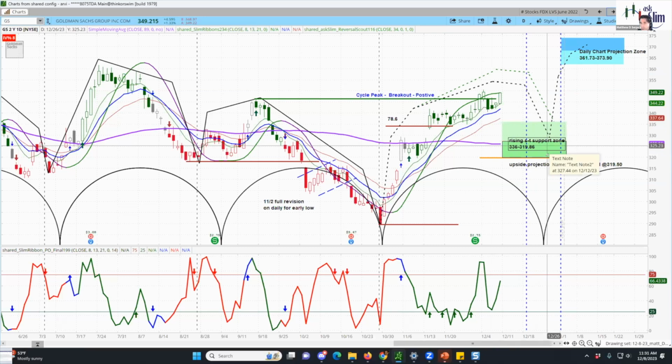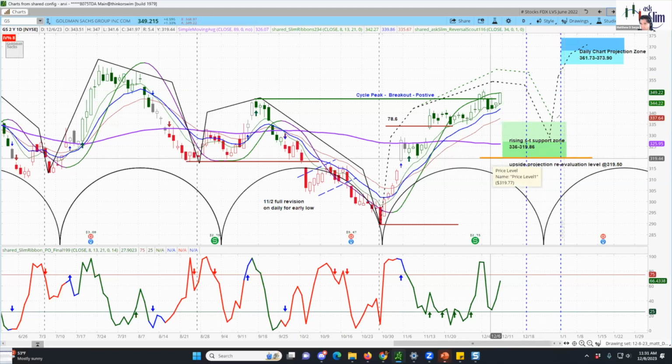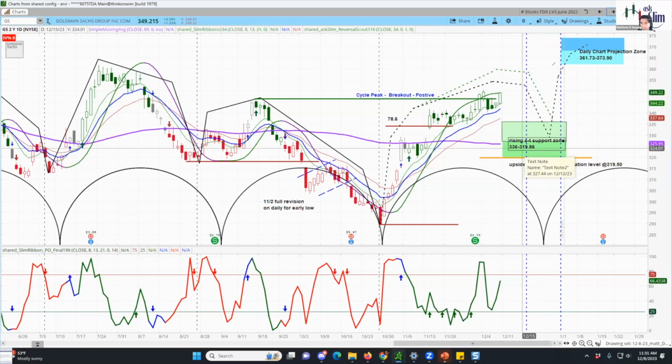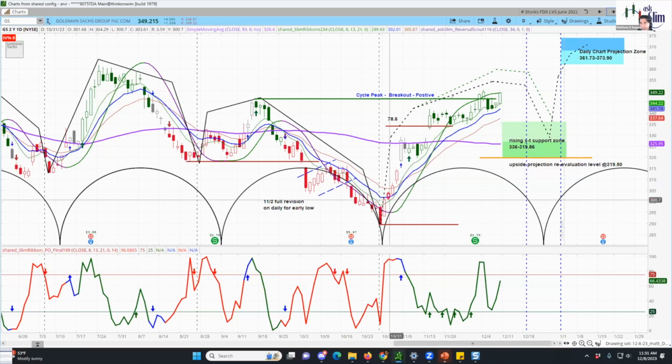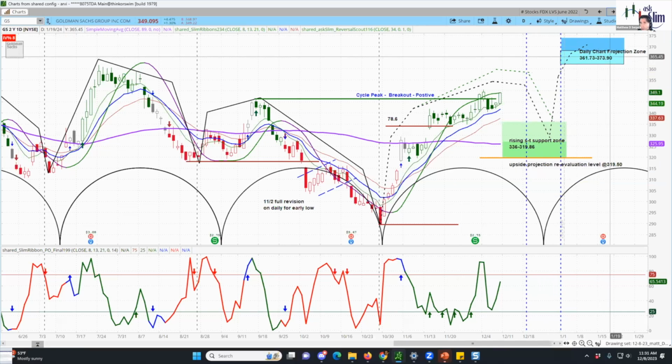If it got below this level here, right around 319.50, that would suggest to me that I have to reevaluate this overall plan. But based on the current pattern structures, pattern translations, configurations, it is suggesting to me that off of the daily chart, this would be a key upside projection zone over the next 3 to 4 weeks.